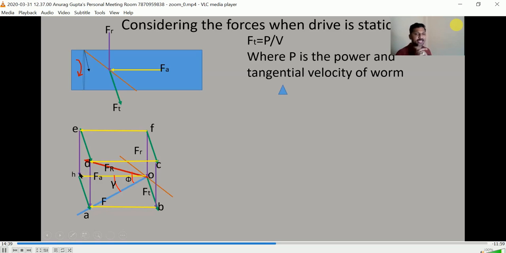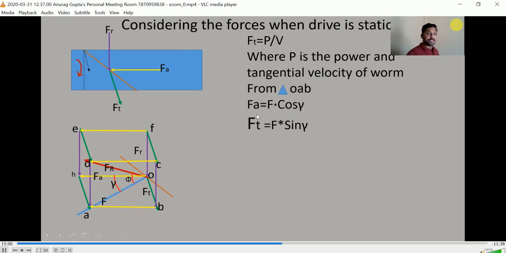Now we are considering the triangle OAB. If we consider this triangle, we can write down these two equations. This yellow line is FA and this green line is FT.